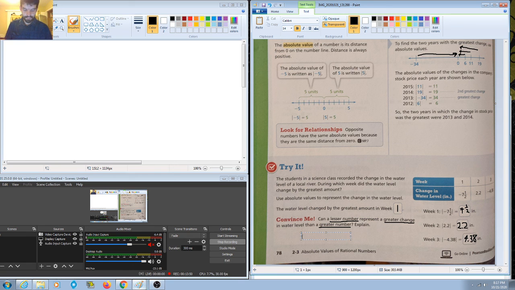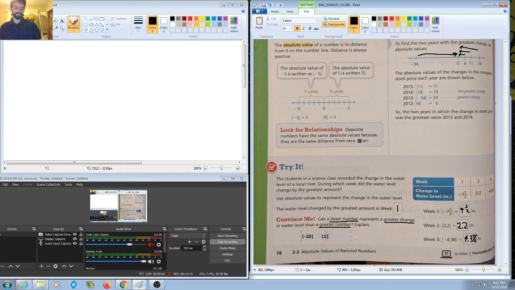The example that I'll show you is the absolute value of negative 10 and the absolute value of 2. So, without absolute values being considered, negative 10 is a lesser number than 2.